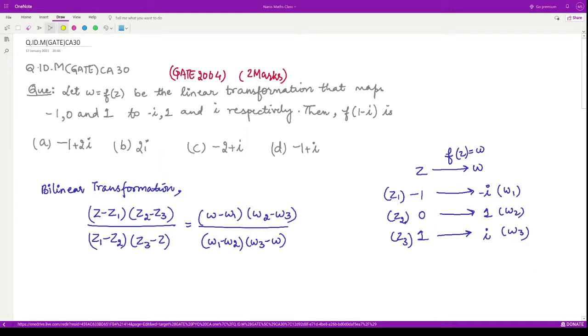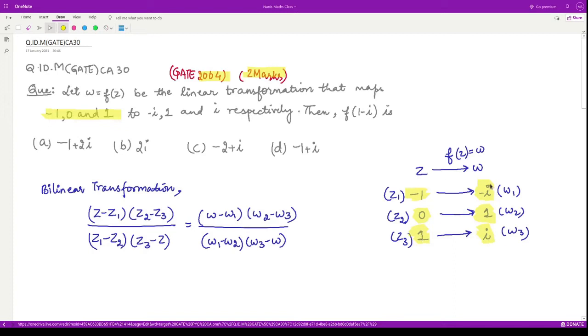This video is from 2004 and the question is correspondingly of 2 marks. The question says, if w is equal to f of z be the given linear transformation that maps the corresponding points -1 to minus iota, 0 to plus 1 and 1 to the point plus iota.